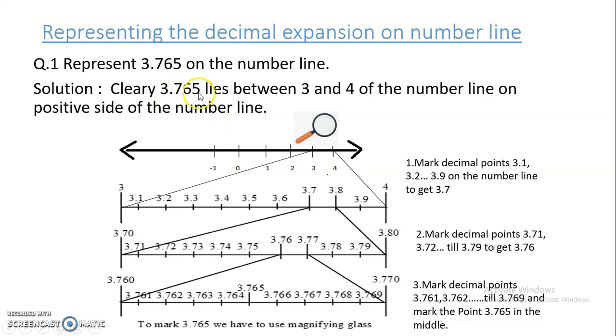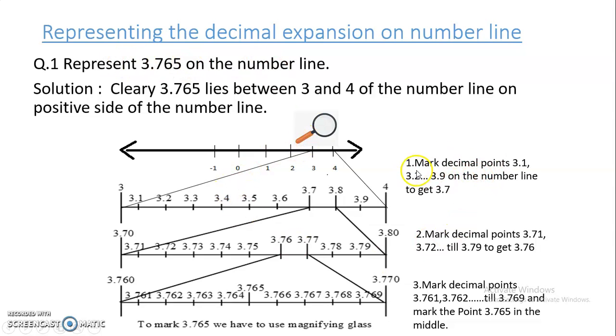Again you can see the third number which they are asking is 3.765. Now 3.765 will lie between 3.76 and 3.77. So again you can write it as 3.761, 3.762, 3.763, 3.764, 3.765, 3.766, 3.767, 3.768, 3.769 and 3.770, and then mark this 3.765 which was asked in the question.